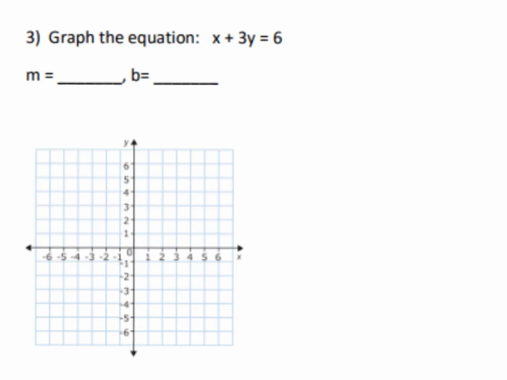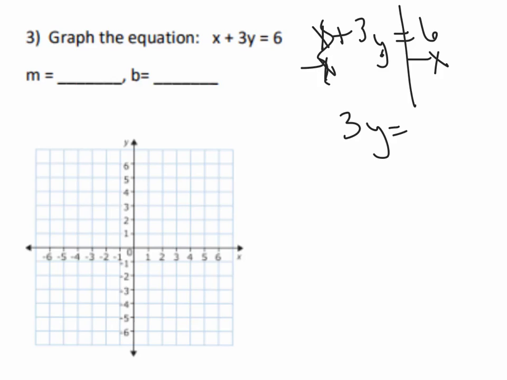So example 3 is not in slope-intercept form. So we have the equation x plus 3y equals 6. So the first thing we're going to have to do is put this in slope-intercept form, which means you're solving for y. So the first thing we're going to do is subtract x, which gives us 3y equals negative x plus 6, or you could have that as 6 minus x.